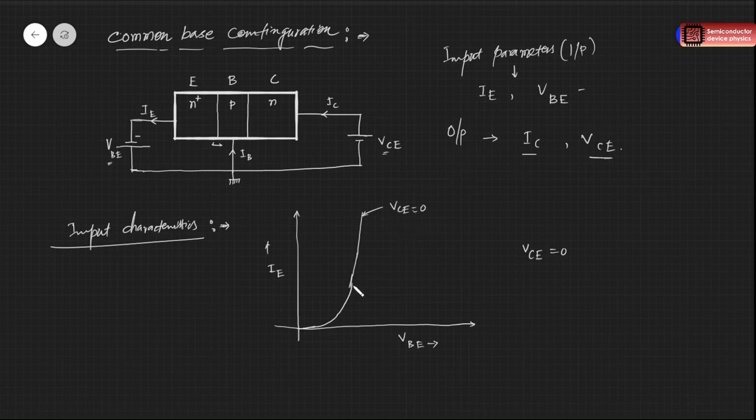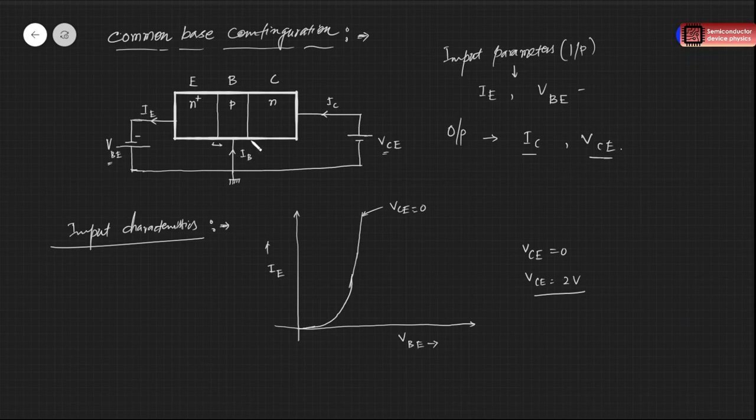Now if we bias the output junction, the collector-base junction, so we put some VCE, for example, let's say we are applying 2 volts here. So this junction is reverse biased. What can happen?